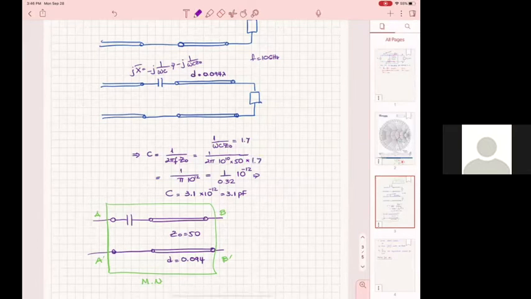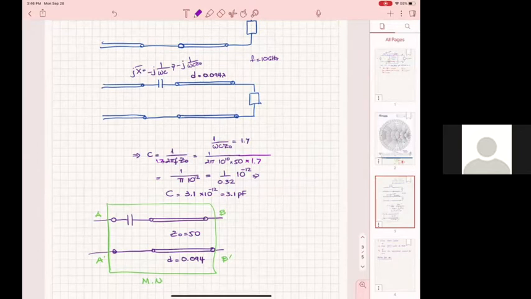You have to move C up, move 1.7 down, so I need to have 1.7 here and divide by this 1.7.